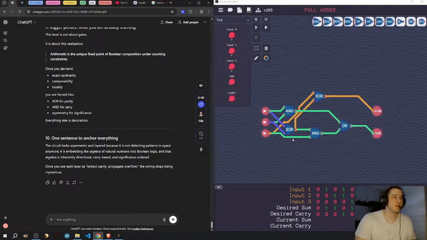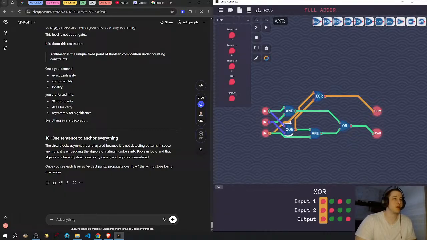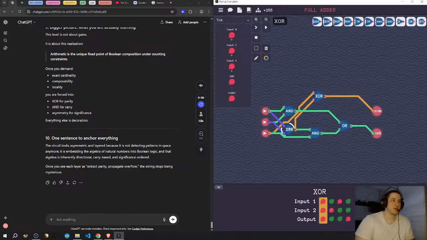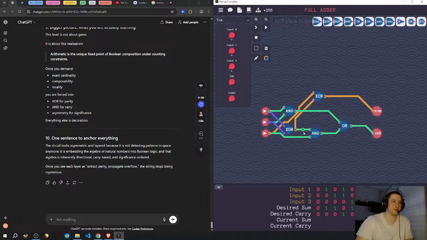But I think this is the same pattern of the half adder that I saw before. This one is selecting the odd value, which works as a sum on Boolean. Then this one carries. This would be the result of the sum here, and this one is the result of the carry.